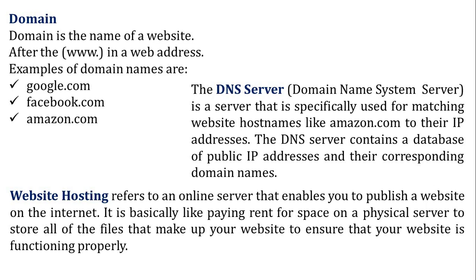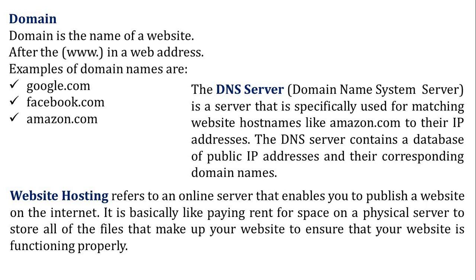And what is domain name? Domain name maps the unique public IP address with a unique host name, or you can say a name for that given server or that given system. That name is mapped with the unique IP address. Okay, so we also have to understand what is the DNS server.